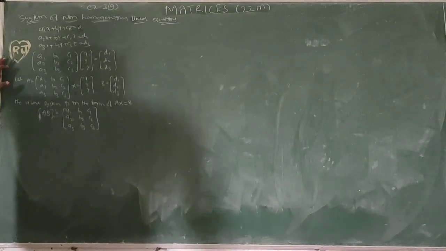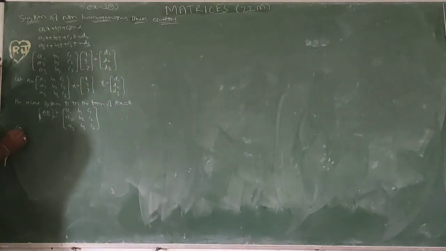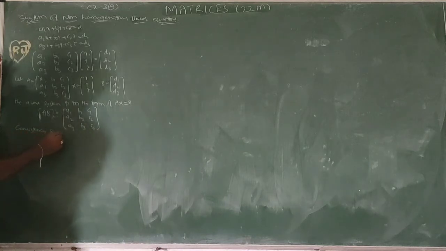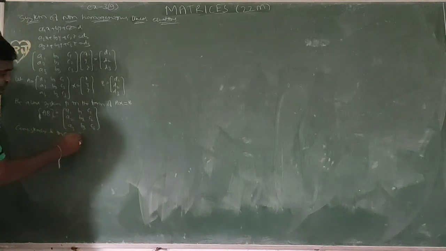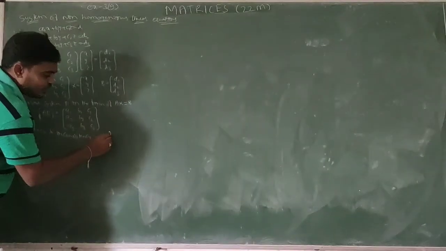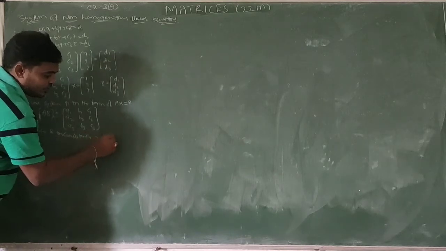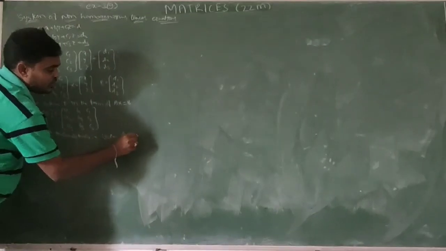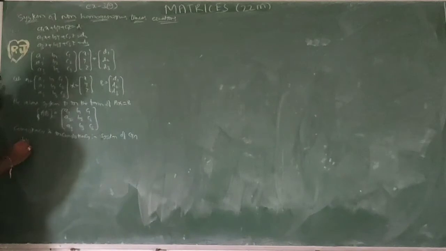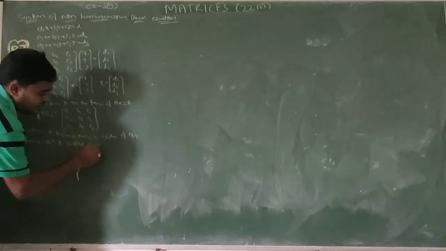So first, consistency and inconsistency. What is consistency? A system of equations having a solution is called consistent.